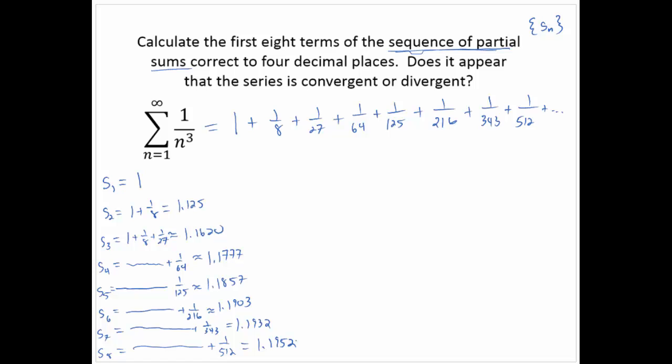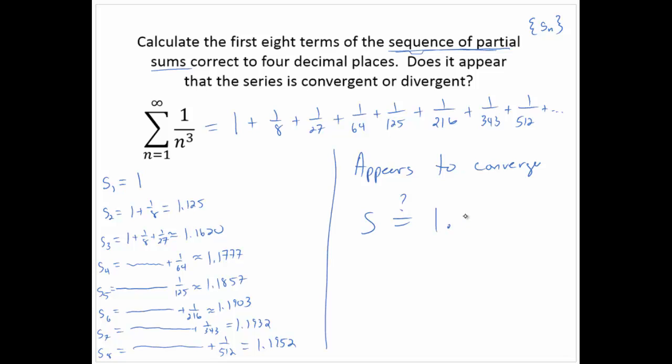So we look at that and ask ourselves, does it appear that the series is convergent or divergent? Based on this, it appears to converge. It appears to be getting closer and closer, and I would just take a guess, and I'm not sure, I'm putting a question mark above this, that S is equal to 1.2.